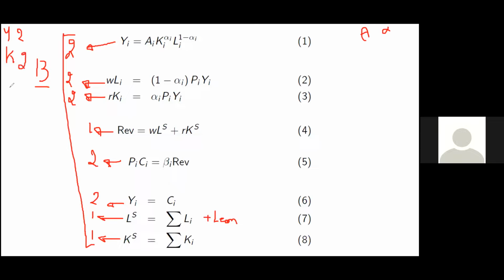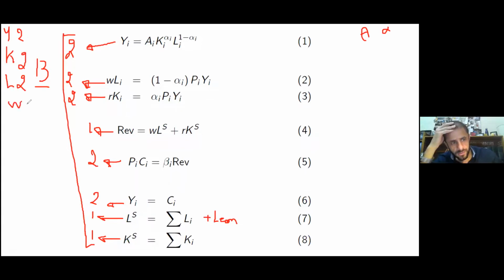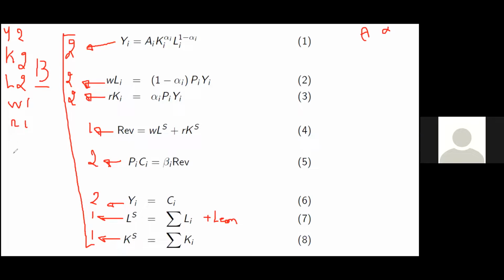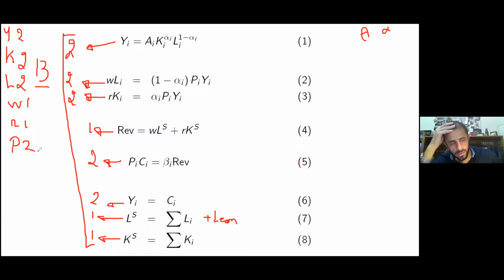Labor? 2. Wages? 1. 1, exactly. Rent? 1. Prices? 2. 2, one per sector. Revenue? 1.